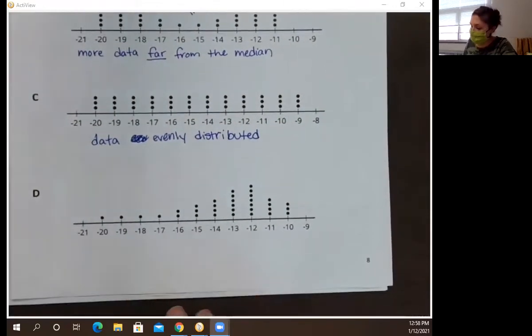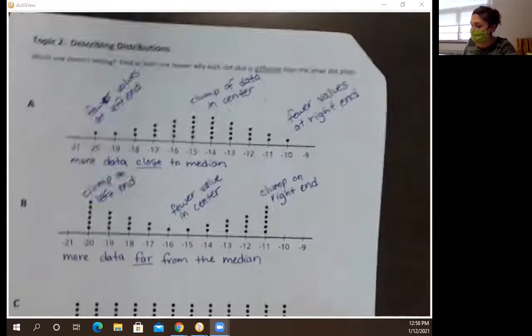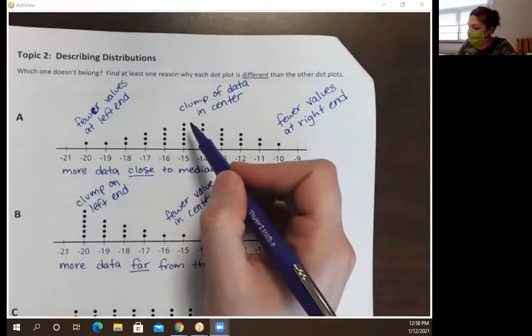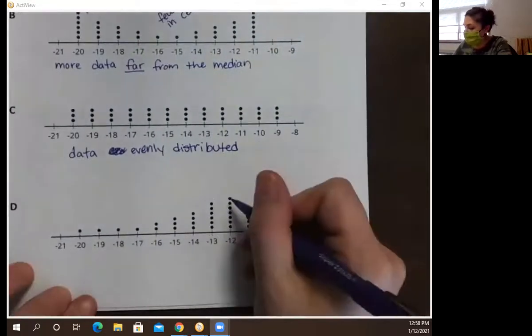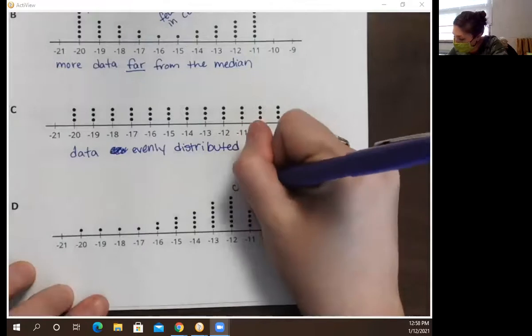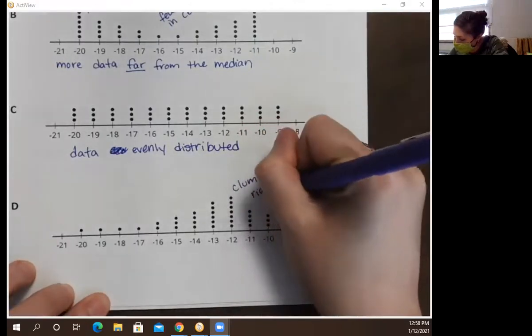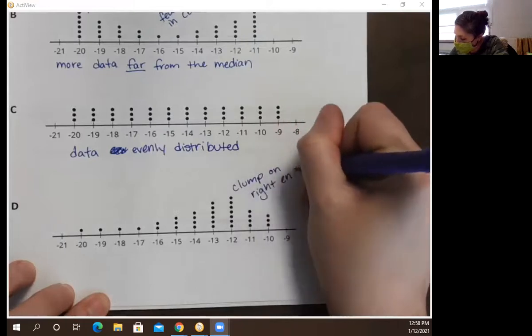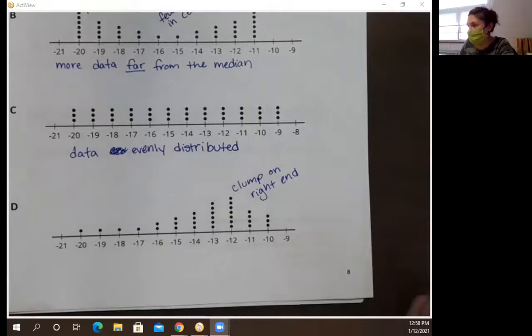And then our last graph here has a clump again, but it's off to one side. Where in A, we had that clump in the center and it tailed off on either side, for D, we've got a clump over on the right side. Got a lot of stuff up here, close to that maximum.